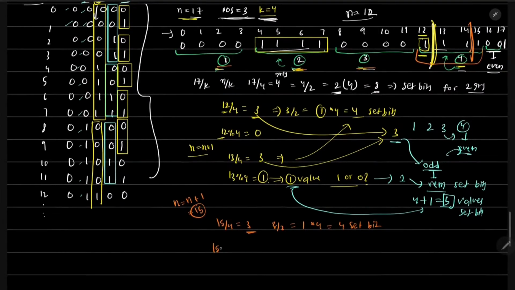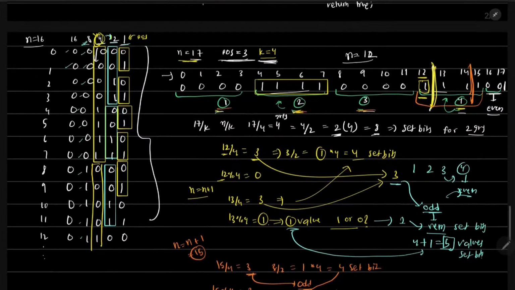Now 15 modulo 4 is 3, right? So what is this? Odd value. Next is even. So if it is an odd value, we have to count the remainder also. So 4 plus 3, 4 comes from here, 3 comes from here, 4 plus 3 is 5, 6, 7, right? So 7 set bits.